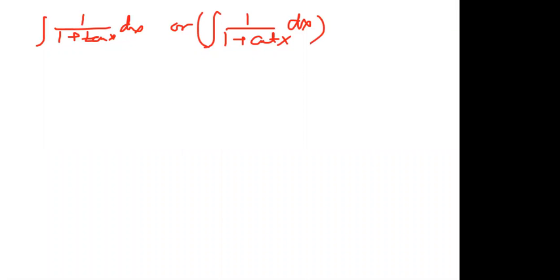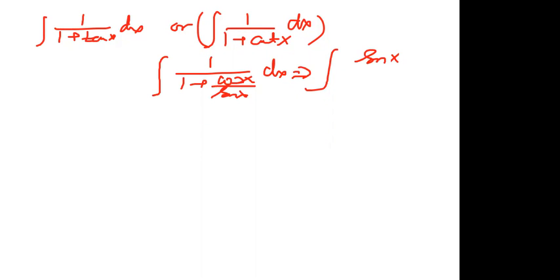So cot can be written as cos upon sine. So it will become the integral of 1 upon 1 plus cos x upon sin x dx. This implies the integral of sin x upon sin x plus cos x dx. I suppose up to this point there is no confusion, no problem.